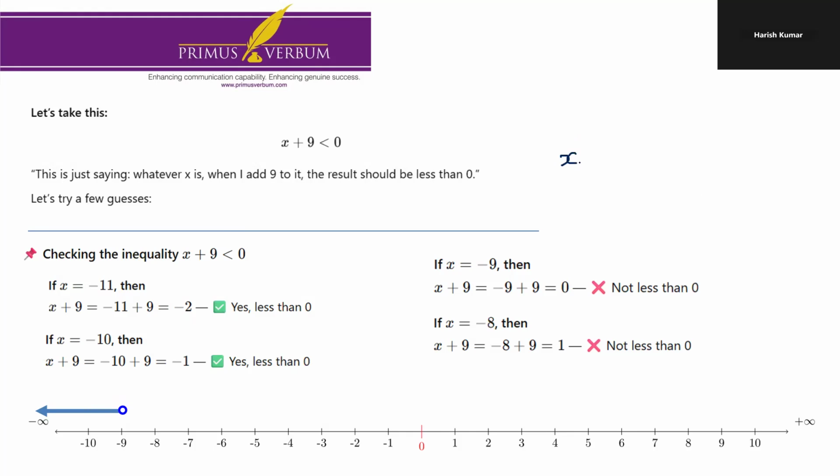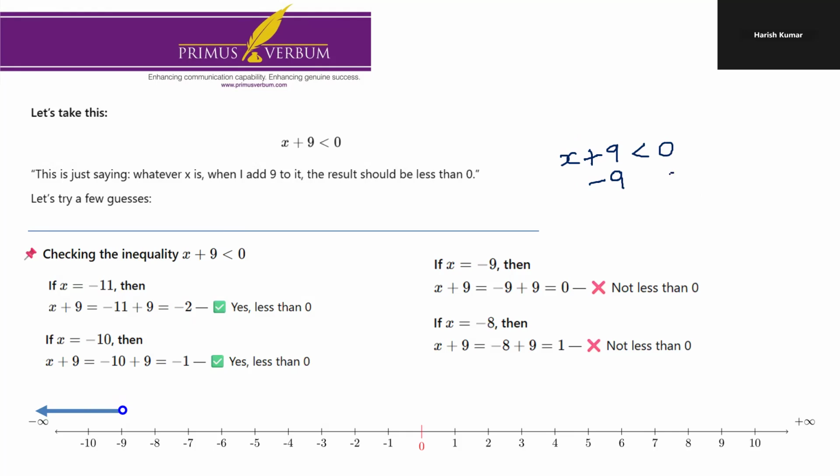So we have x plus 9 is less than 0. Since we want to find the value of x, we should isolate it, and here x is on the left hand side, so let's isolate it on the left hand side. We do that by getting rid of this plus 9 by subtracting 9 from the left hand side.